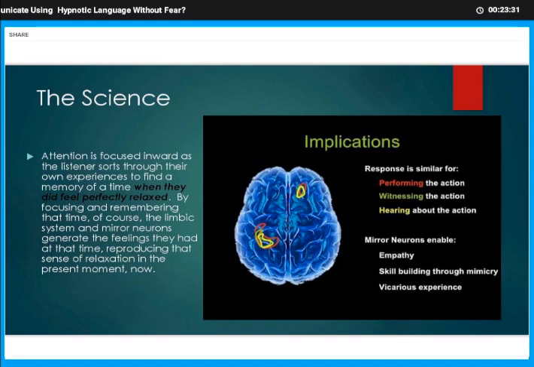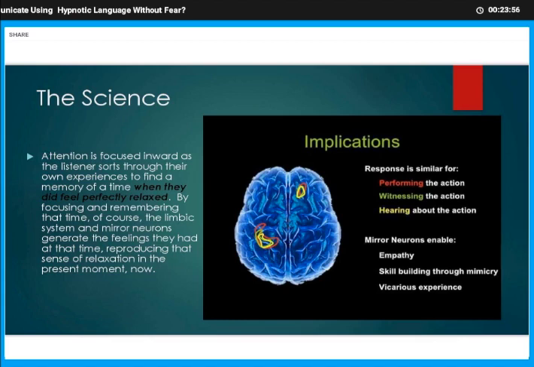They're in very, very similar locations. The reason this is important is that these are the areas of the brain that light up whenever you're performing an action, whenever you're witnessing someone else do the action, or whenever you're hearing about the action. The red circle is what lights up in the brain when you're actually performing an action or an activity yourself.